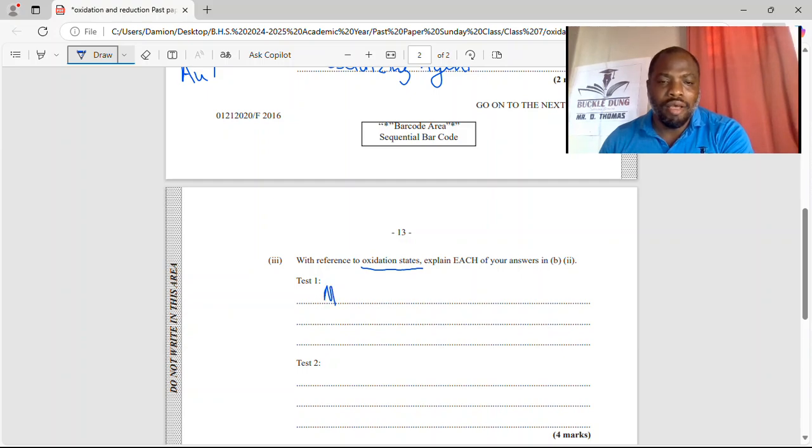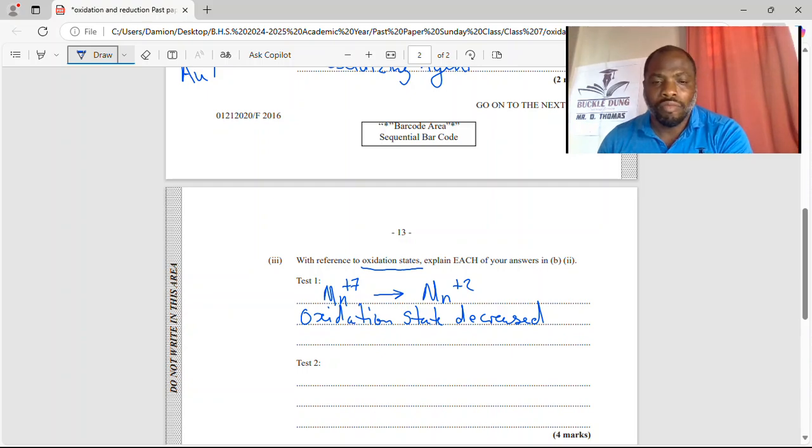The manganate ion was a +7 and it moves to +2, and so what happened to the oxidation state? It decreased. And we get the 2 marks.